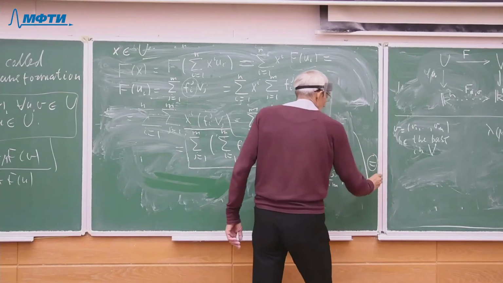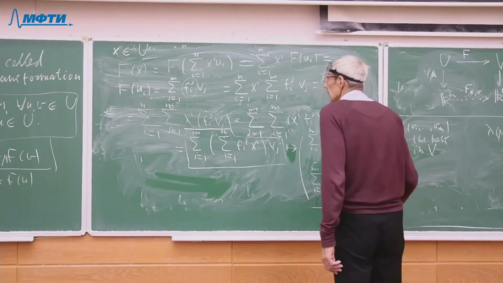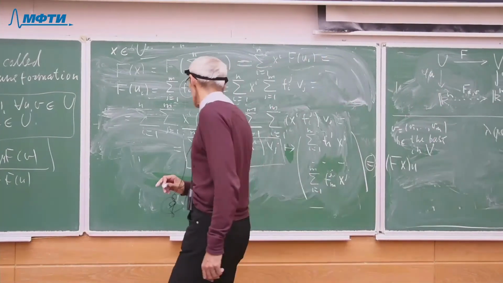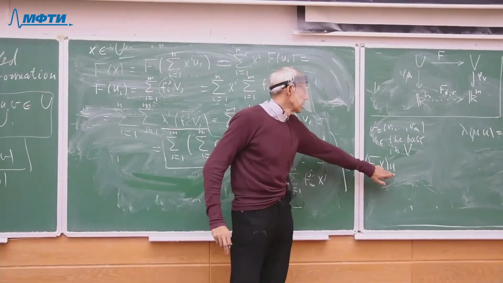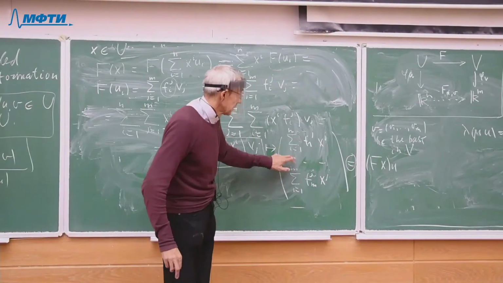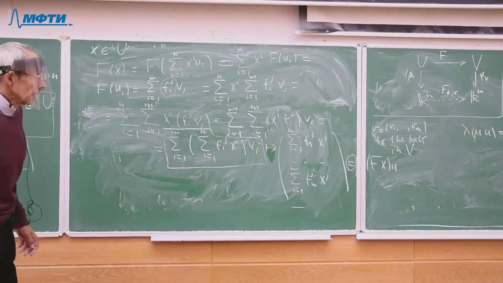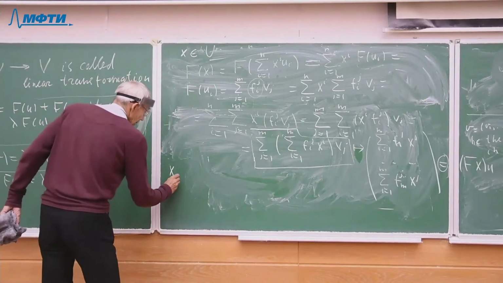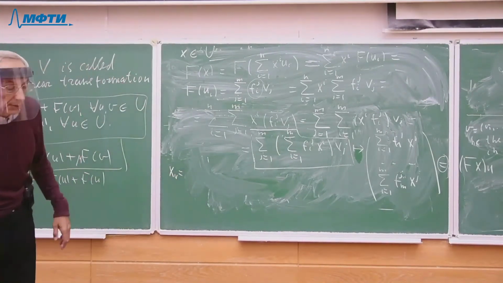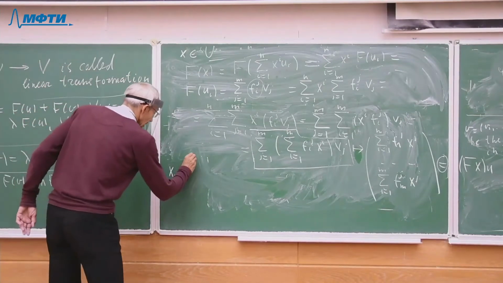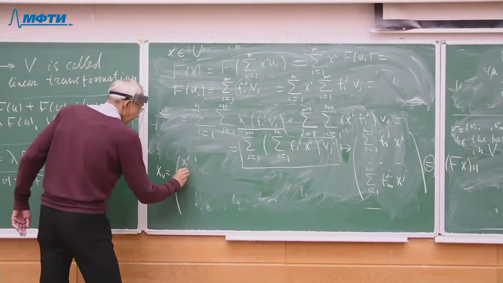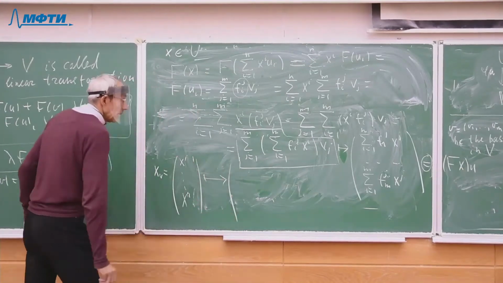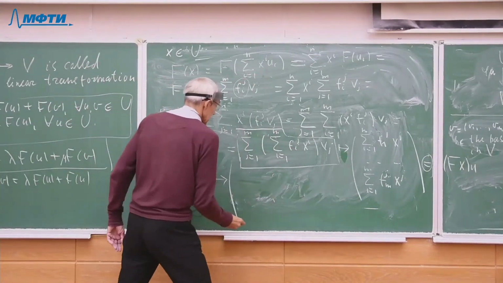And I obtain the coordinates of the vector f(x) in the basis V, the coordinates of this vector. And I obtain the following correspondence. If I start with the coordinate vector of x in the basis U, I obtain these coordinate vectors.